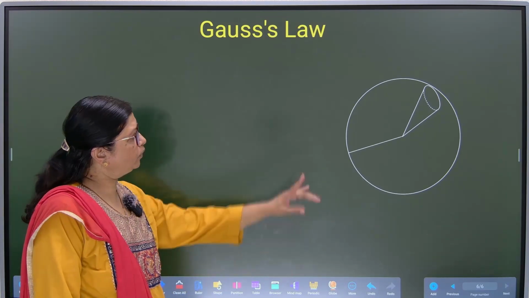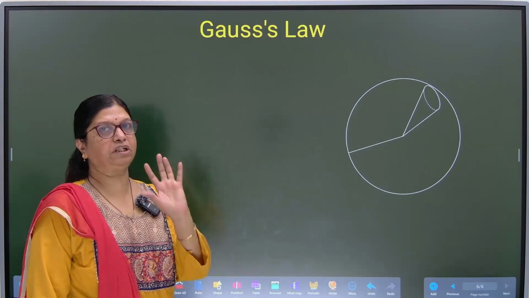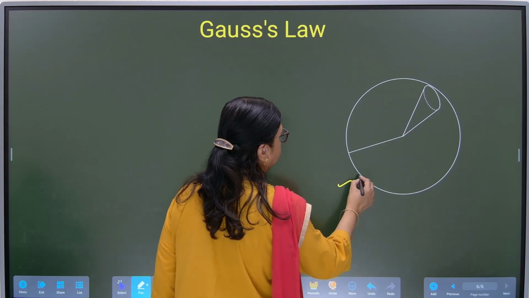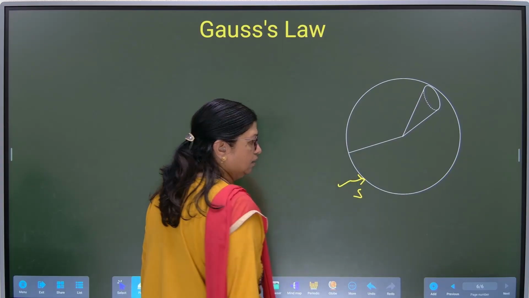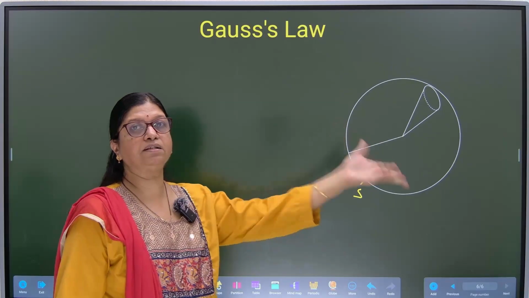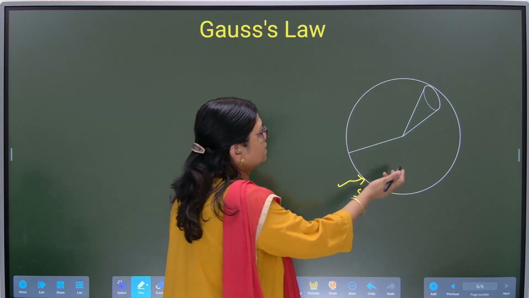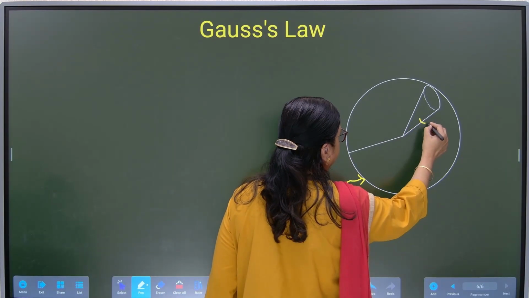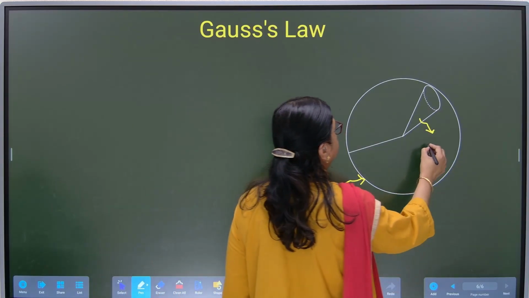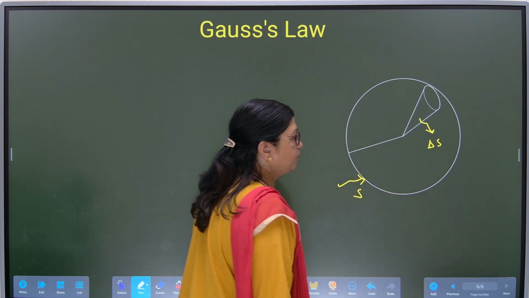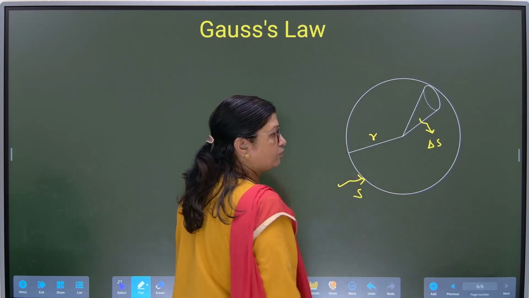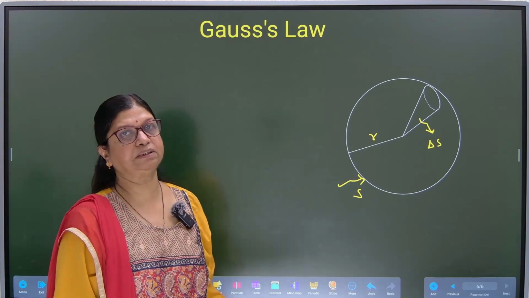Here, as you can see, I have considered one spherical surface, which I have named S. Out of that spherical surface, I have considered one cone portion of the surface, delta S. And the radius of the sphere I have considered as R.